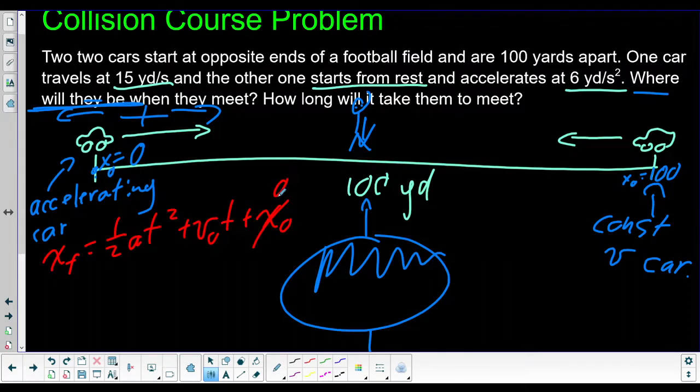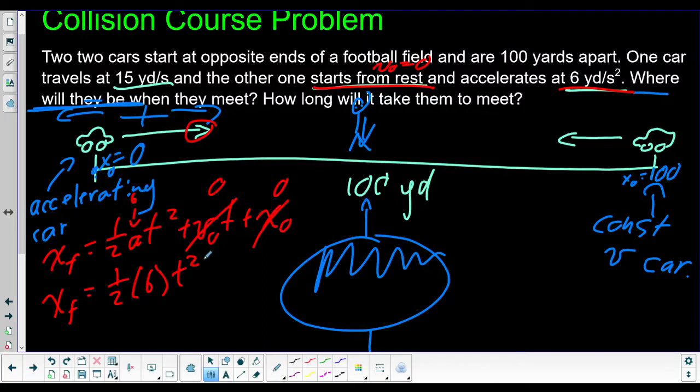This goes away. Starts from rest for the accelerating car, so v naught equals 0. So this is 0 and goes away. And we're accelerating at 6 yards per second squared in the positive direction. So a is going to be positive 6. So our equation for the accelerating car is x final equals 1/2 times 6 times t squared, which is 3t squared.